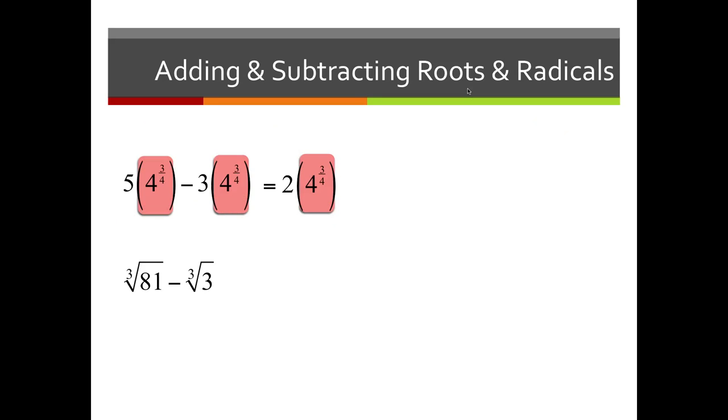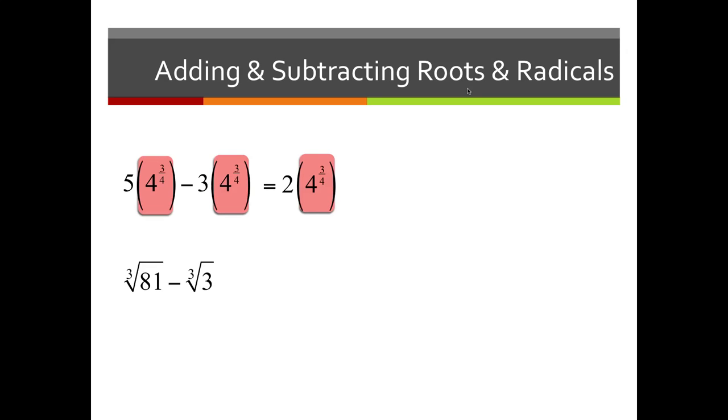Similarly, if I have a problem like the next one where I'm taking the cubed root of 81 minus the cubed root of 3, currently these are not like radicals. The definition said they had to have the same index, which these do, but they also have to have the same number inside the radical, which these do not.